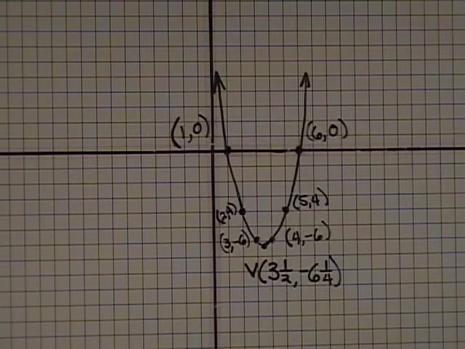Now, this actually is a kind of problem that may not happen all that often because lots of polynomial equations will not be factorable. We won't be able to use one of the techniques we learned in Chapter 9 to factor it and easily find our solutions. So we better have a way of estimating those solutions by graphing. And that's what example 2 is going to show you how to do.